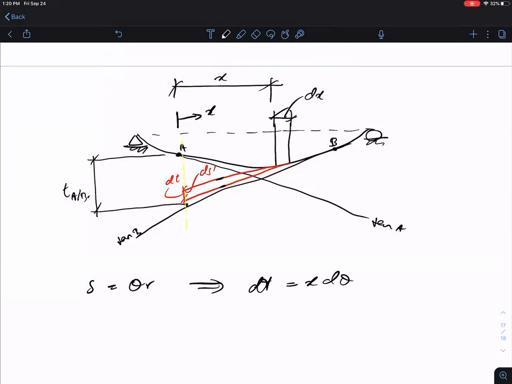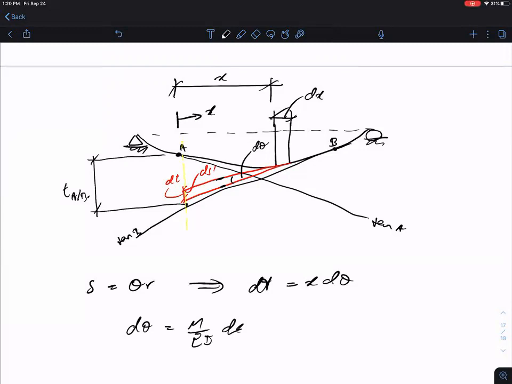Where d theta is the change in angle between the tangents on both sides of dx. Now, recall that we established a relationship that says d theta is equal to M over EI dx.